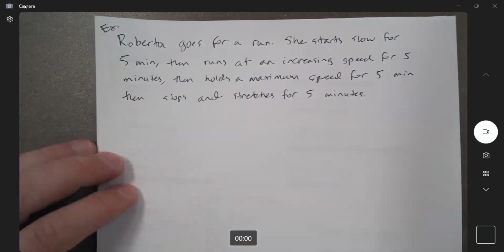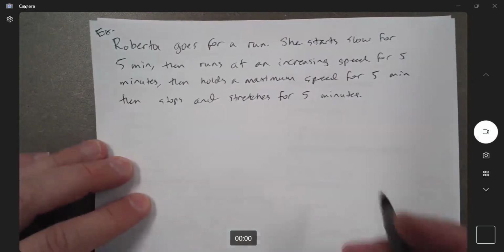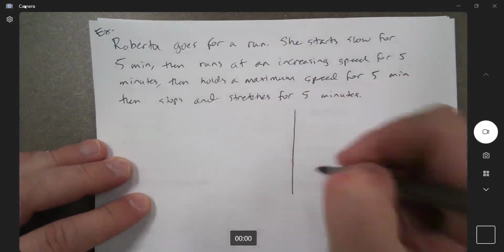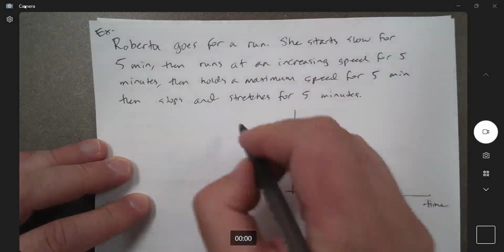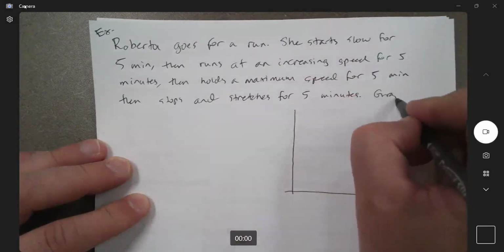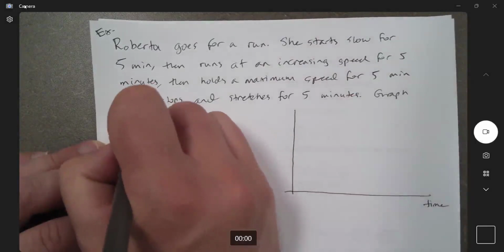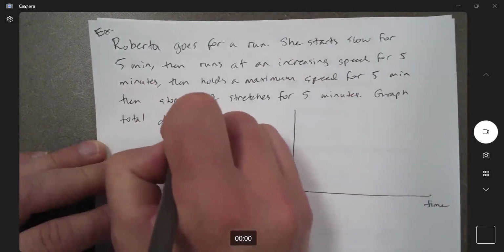And we want to represent this with a graph. So we're going to graph total distance traveled.